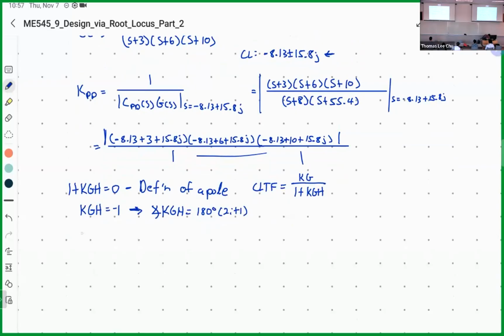And then if we divide both sides, we get k is equal to minus 1 over gh. But this is a magnitude, so that's where we get it. Yeah. Yeah, no problem.